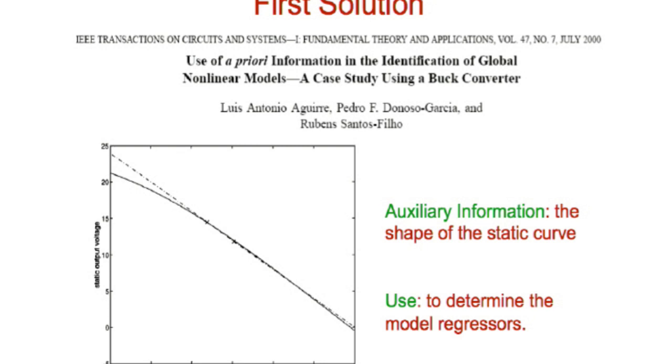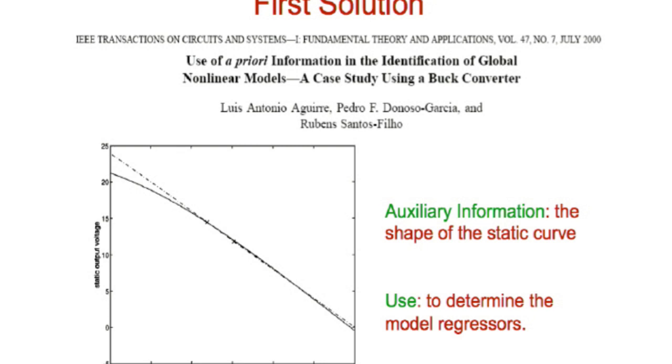The shape. So we didn't use this line as such. We just used the idea that it is a line. If it's a line, then you go back to your model and you look at your regressors and you say, okay, if I'm going to fit a line, I don't really need this regressor, this regressor, et cetera.